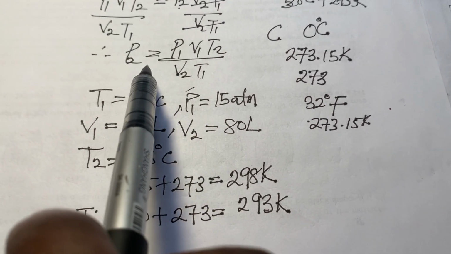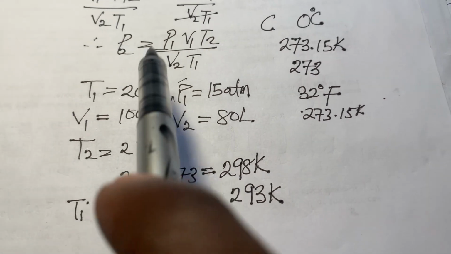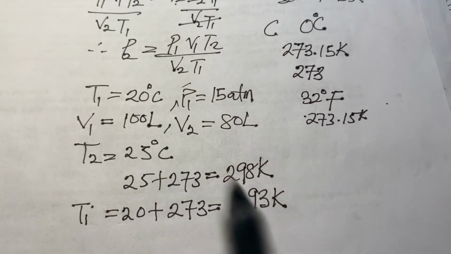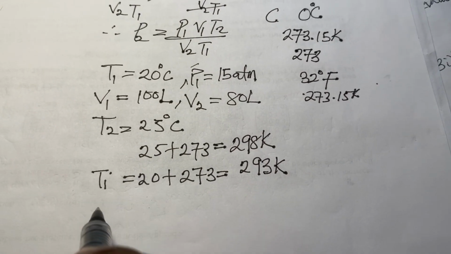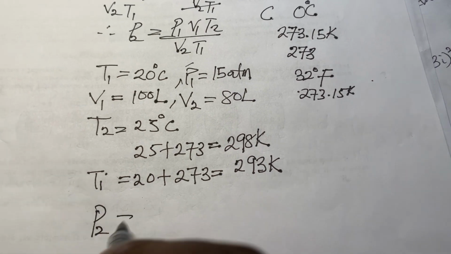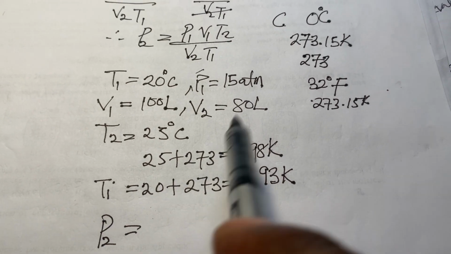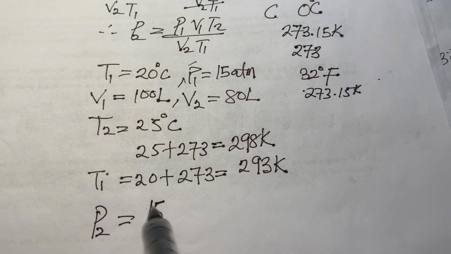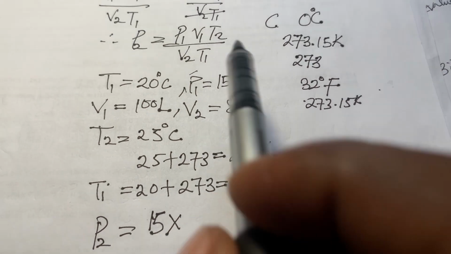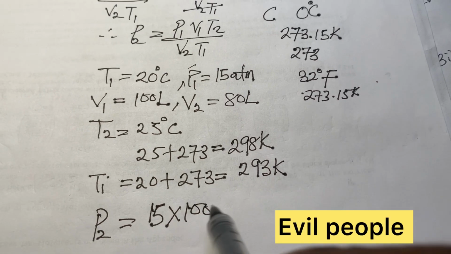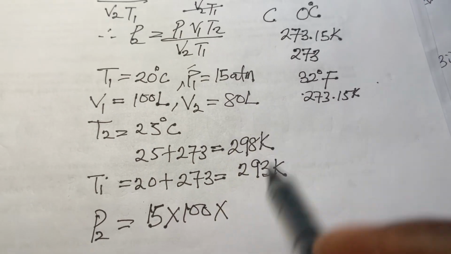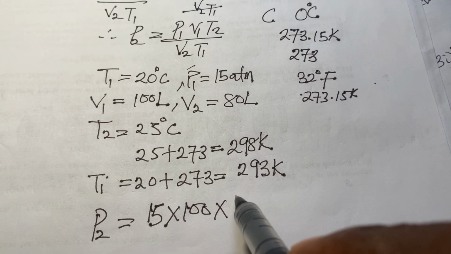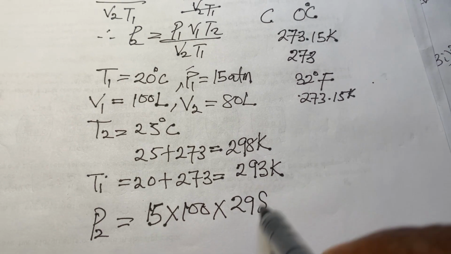Now that you've gotten all the parameters, we need to substitute them into this equation, just for us to be able to evaluate P2. So finally, P2 will be equal to, what is our P1? The value of P1 is 15, so we have 15 multiplied by V1, that's 100, times T2, which is given as 298.